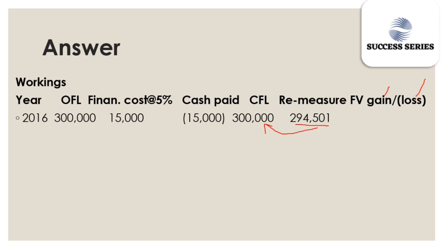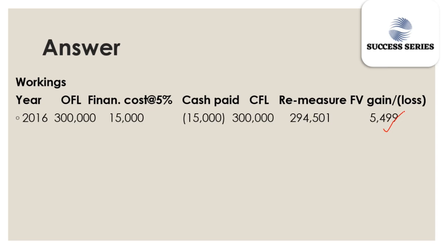Here you realize that this is a financial liability, and when we remeasured, our liability was reduced, it came down. At first it was 300,000, but now it's 294,501. This should tell you that the difference is a fair value gain. It will be a fair value gain. So the difference that we have of 5,499 will be our fair value gain that we are going to account for.